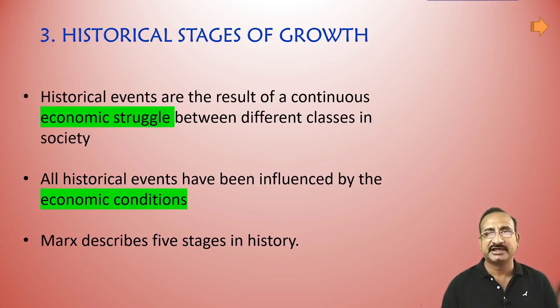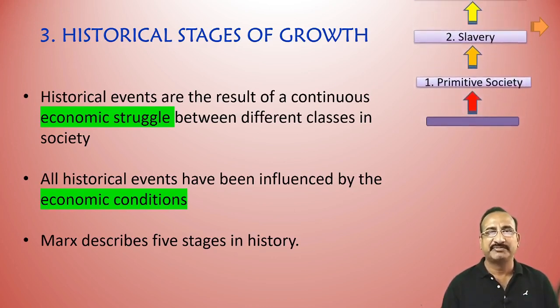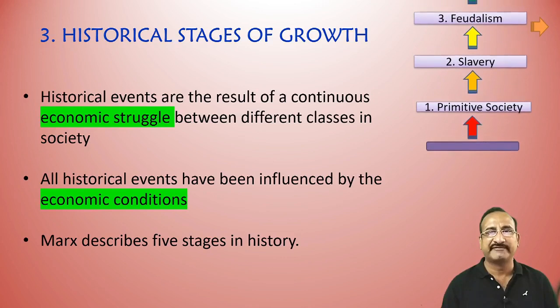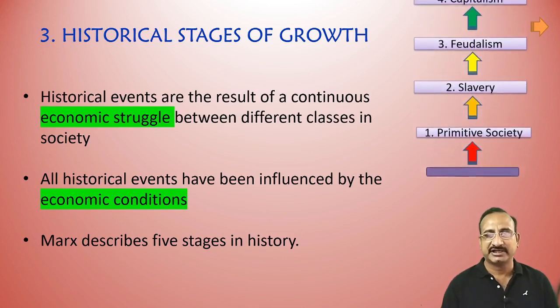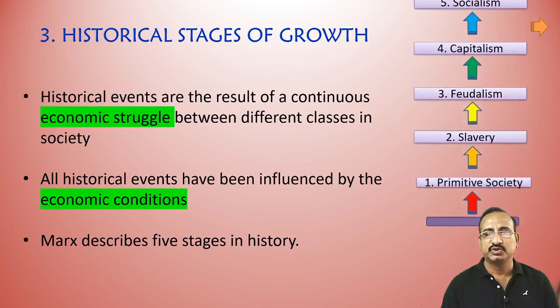These stages are: first, the primitive society, where the total society has ownership of all factors of production. We cannot find any type of class struggle here, and even society cannot be divided into two classes.